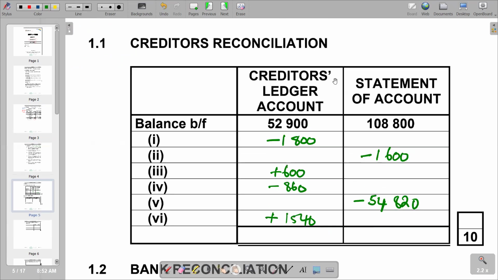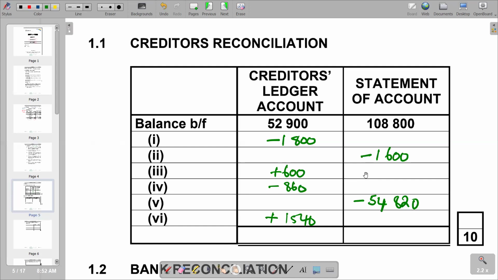So remember, information that is in the creditors ledger is the same information that is in the statement of account. So the two balances at the end of each period should be the same. The final balance on the statement should be the same with the final balance in the creditors ledger account. So whenever there is a variance, it means we need to prepare a creditors reconciliation to correct those two amounts so that they become the same.